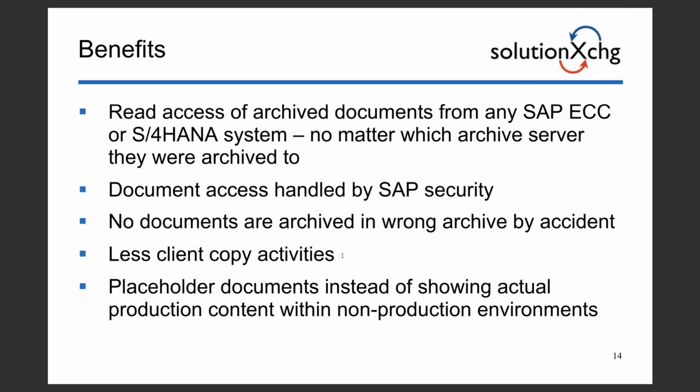Way less client copy activities in terms of customizing, in terms of copying your actual production archive, which could be terabytes of data if you want to have a full copy, and the additional safety feature of placeholder documents that show up in place of your actual production content in your non-production test environments.